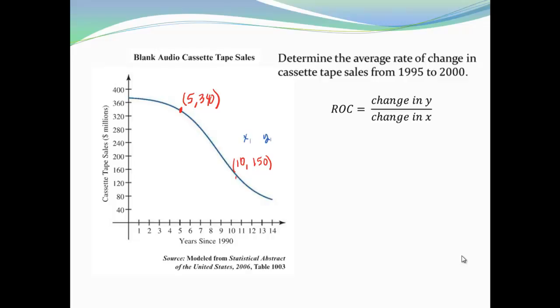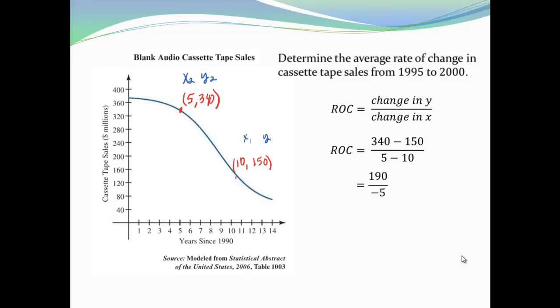Now I'll call my second data point x1, y1, just to change things up a little bit, and my other data point x2, y2. If I plug that into my rate of change formula, I'm going to have 340 minus 150 over 5 minus 10.